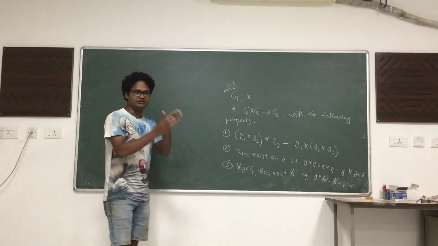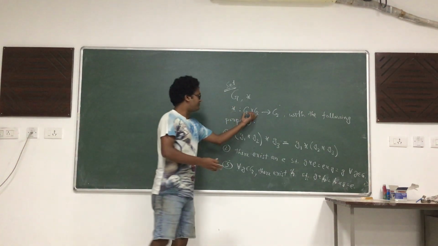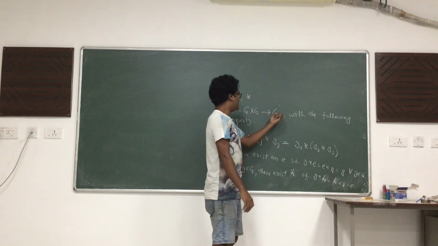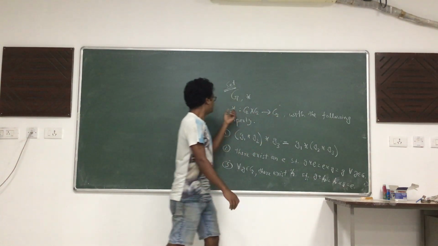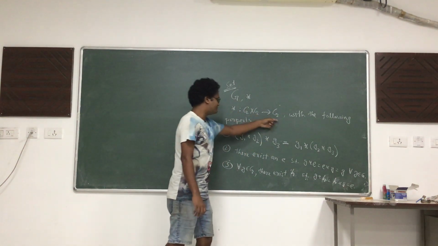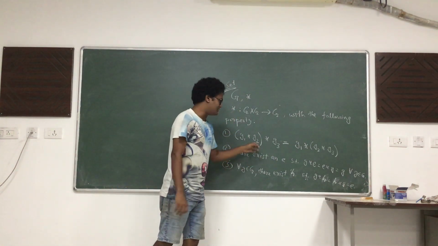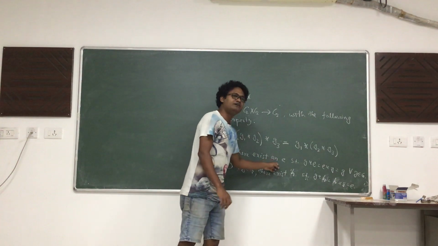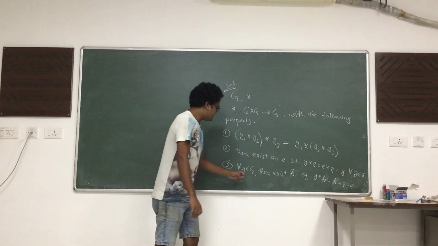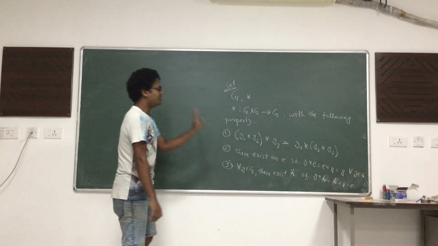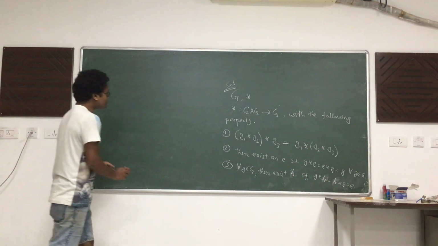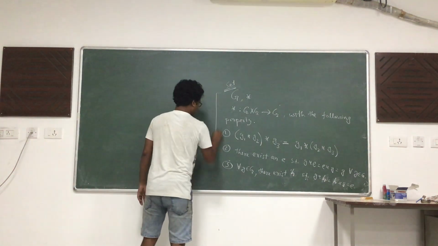It's just a binary operation. You give two elements from the group, and I'll give you another element from the group, from the same set. Then we call it a binary operation, and if it satisfies associativity, existence of identity, and existence of inverse, then we call it a group. So this is a further structure.